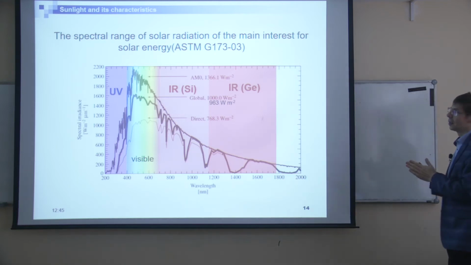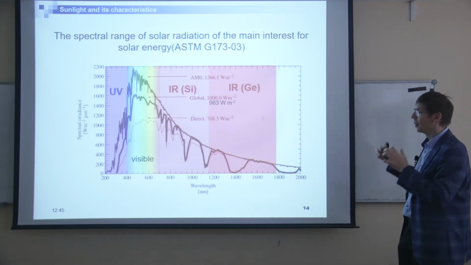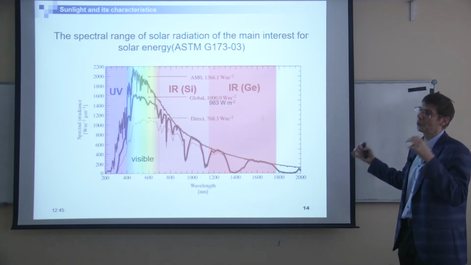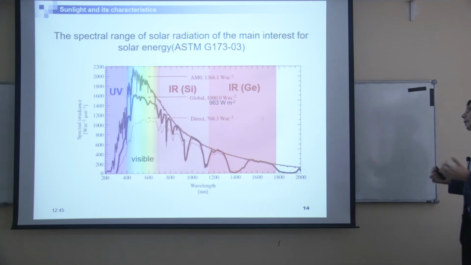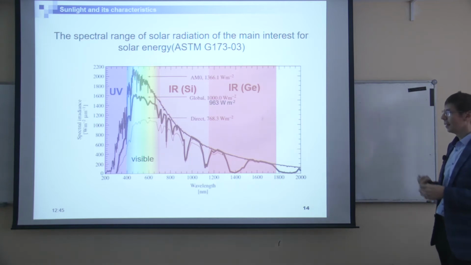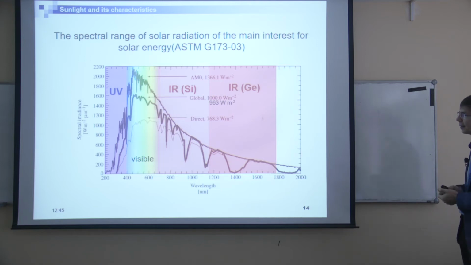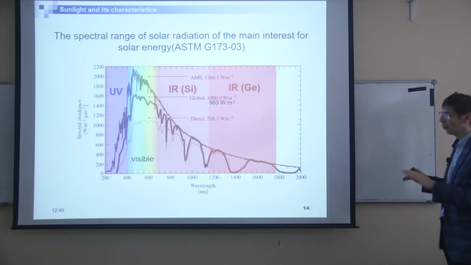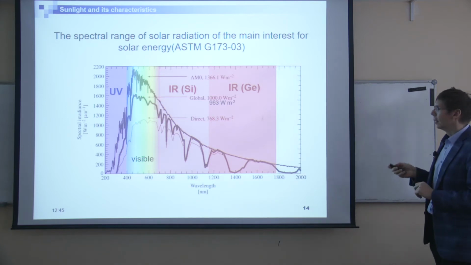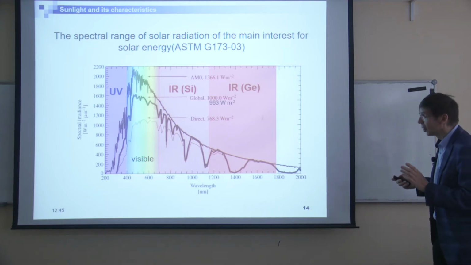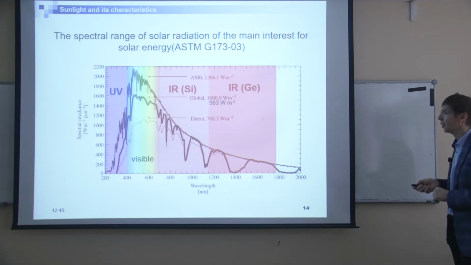So it means that your solar cell could convert a wider spectrum of wavelengths, I would say of photons. For multi-junction solar cells everything is more complicated, but for single junction solar cells, it's the main mechanism.